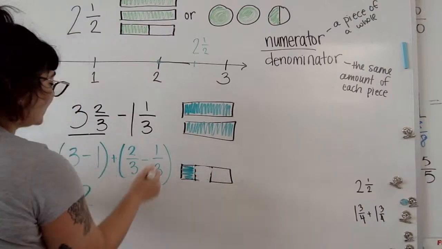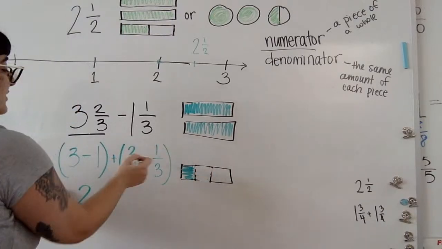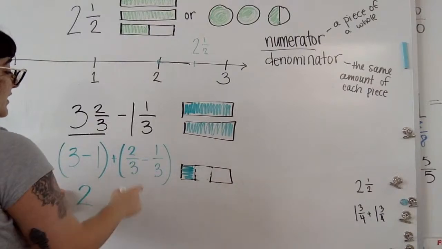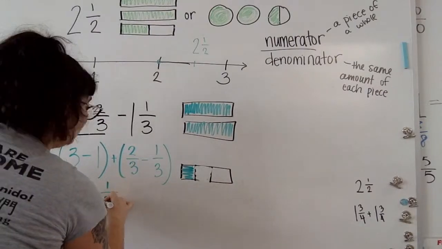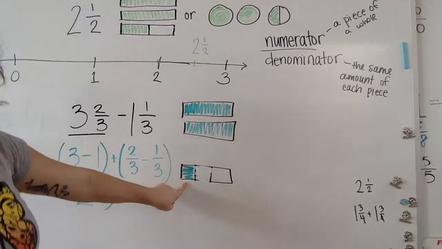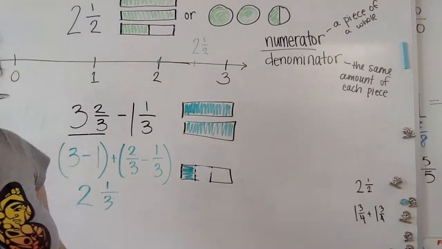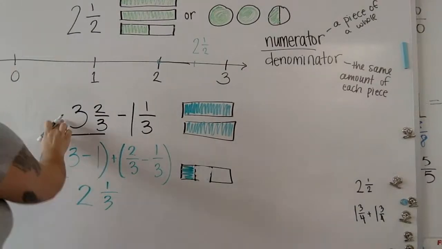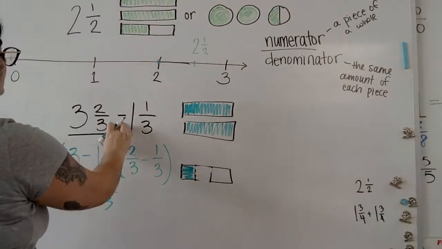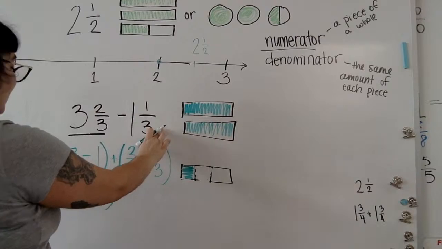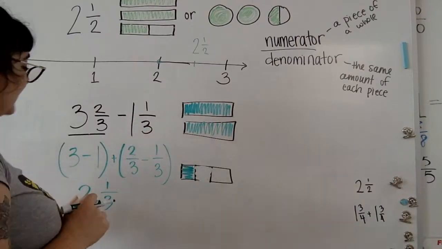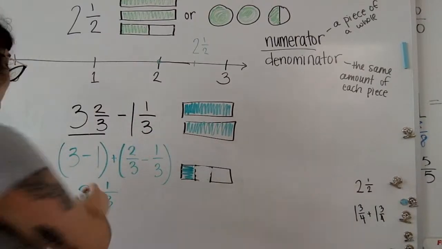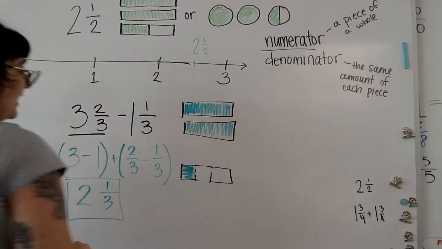If I subtract 1/3 from 2/3, I am left, look, with 1/3 left. So our answer for 3 2/3 minus 1 1/3 is 2 1/3. This is our answer.